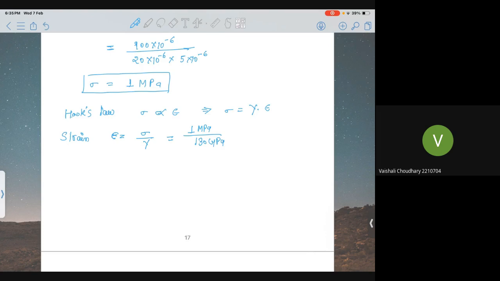So the strain value is 7.7 times 10 to the power minus 6. This is a unitless quantity. Okay.